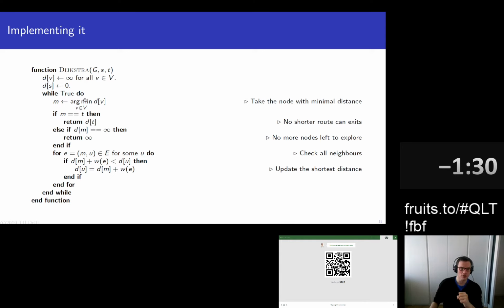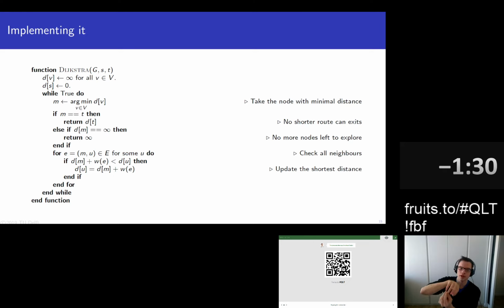Now, I repeat, I take the closest vertex, I take the closest neighbor. Well, if this is not the thing I'm looking for, and it's also not infinity, then I'm going to take a look at all of its edges, and I'm going to check, is there a shorter path through this vertex? So, this distance of 4 to get here, plus whatever distance on these edges, will that get me a shorter path to where these edges point?